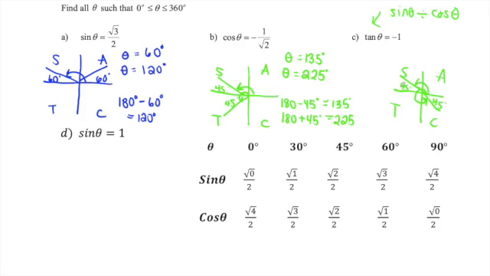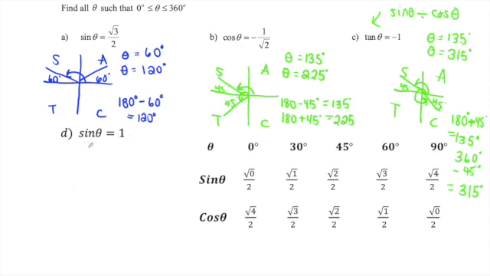It is going to be 180 minus 45, which is 135 degrees, and then 360 degrees minus that 45 degrees to give you 315 degrees. So then theta equals 135 and theta equals 315.